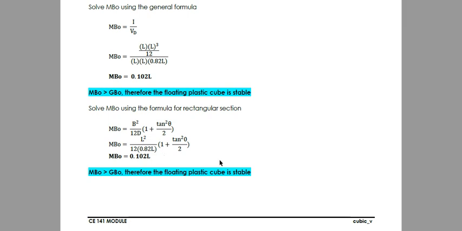Tangent of 0 is actually 0. So, MBO is equal to 0.102 L. So, MBO is greater than GBO. Therefore, the floating plastic cube is stable.